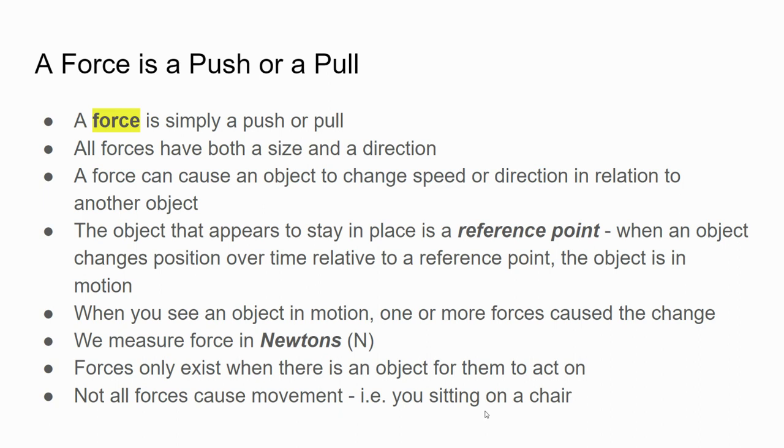And forces only exist when there's an object for them to act on. So friction is always at play. Okay. It's always there. But whether it's actively participating on an object also depends if there's an object there. Okay.